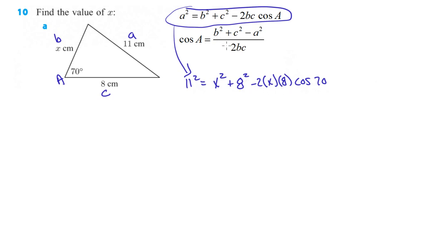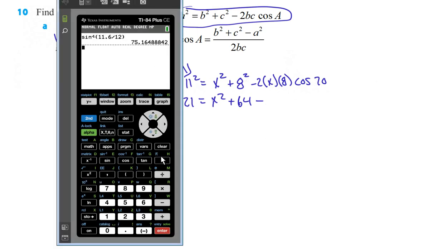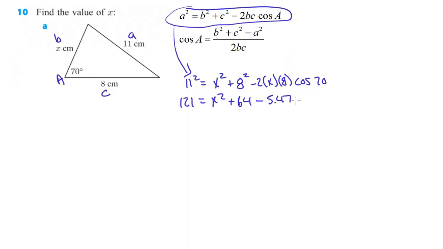So 121 is x squared plus 64 minus 2 times 8 cosine 70, which gives us 5.47, minus 5.47x. This one is not pretty. This is definitely a trickier one.